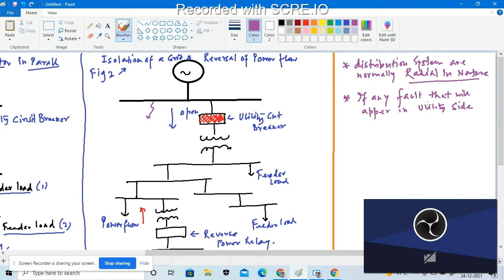Okay, that will appear in the utility sites, or we can say the utility distribution system. Then what happens?